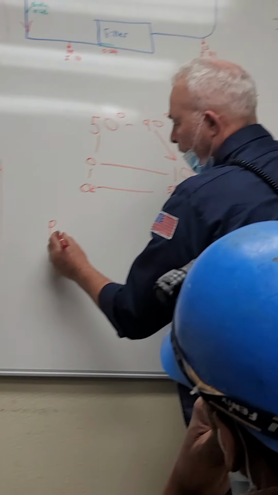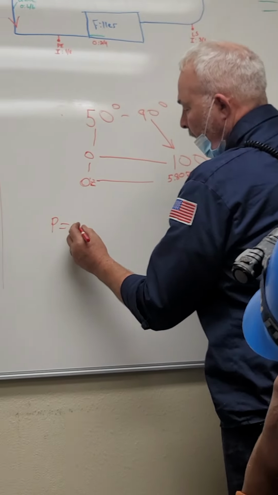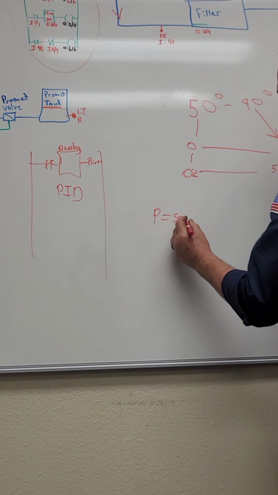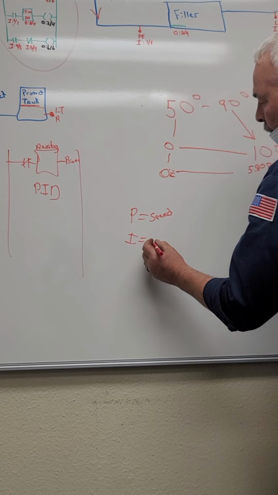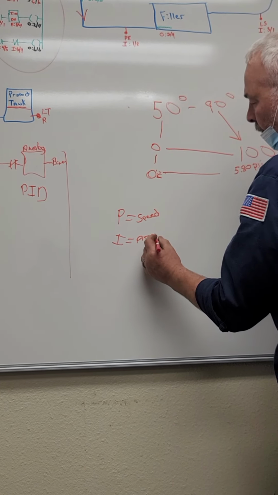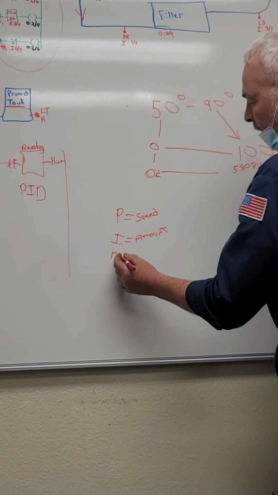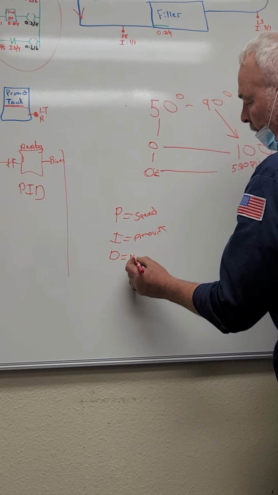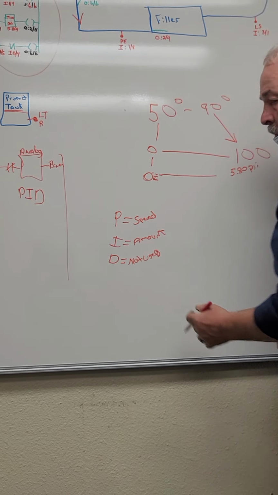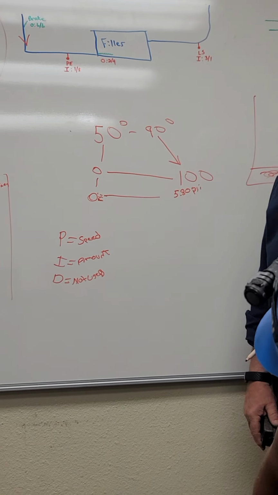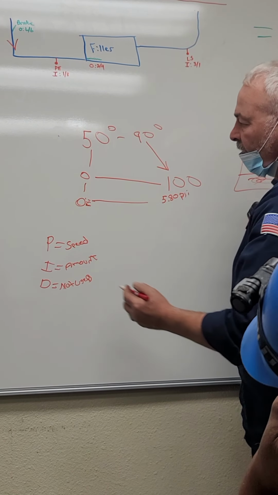Your P equals speed. Your I equals amount. Your D is not used for our purposes.